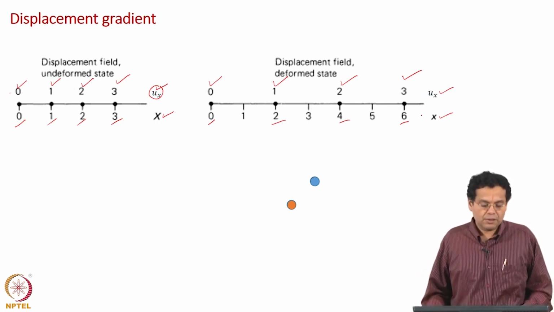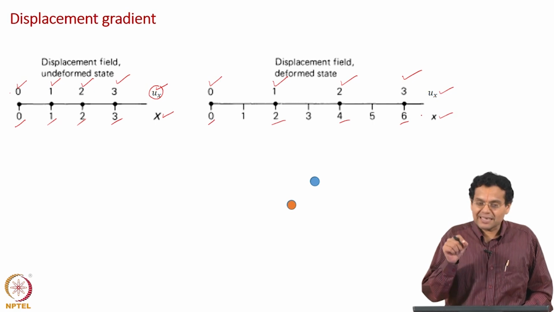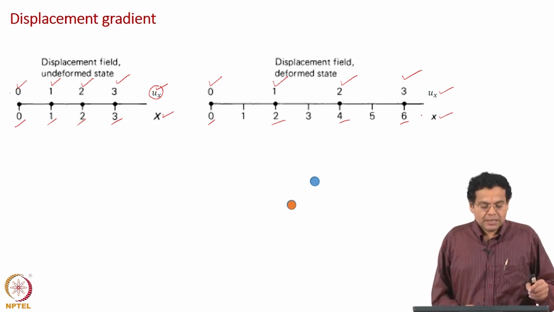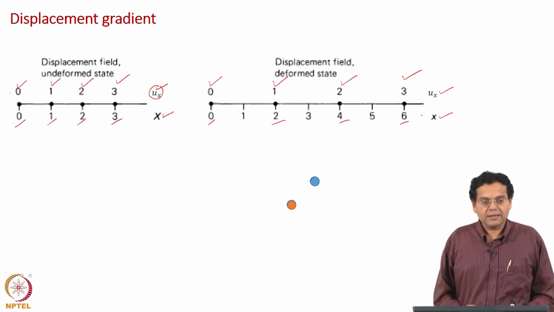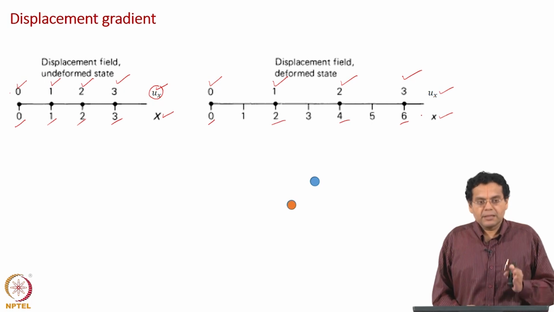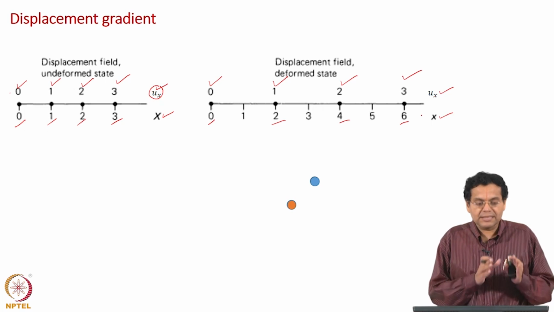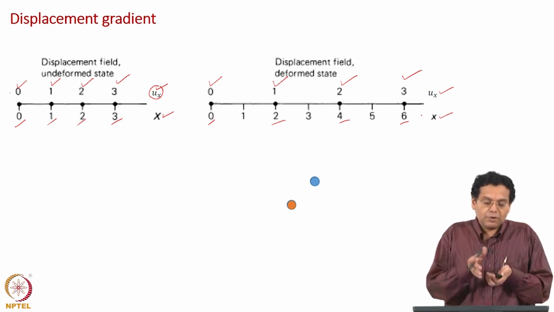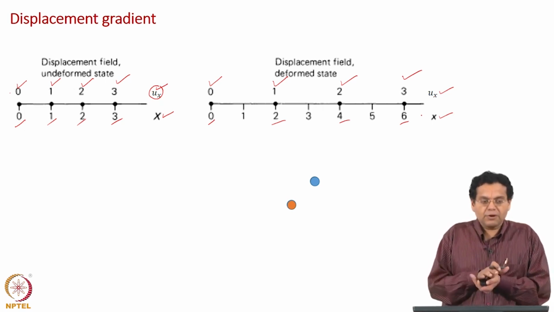Now, I will use a grammatically correct English statement. If I want to explain the first figure, I should say that 0, 1, 2, 3 are the displacements that will happen for the particles at 0, 1, 2, 3, because that is the initial state before you applied the force, that is the undeformed state.